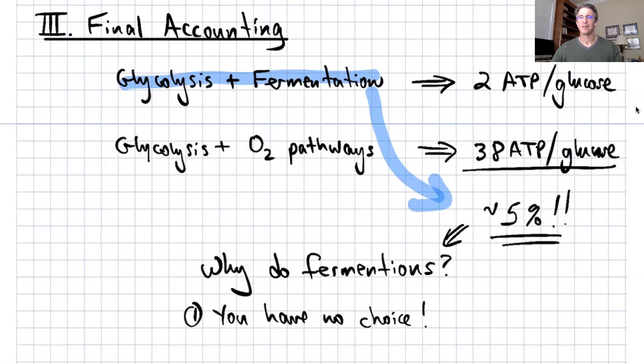Either because you're a microorganism who has no choice, there's no oxygen, and this is the best you can do, or because you're a tissue that you can't get oxygen to right now, some ATP is better than no ATP. And if it's inefficient, well, that's just the price.